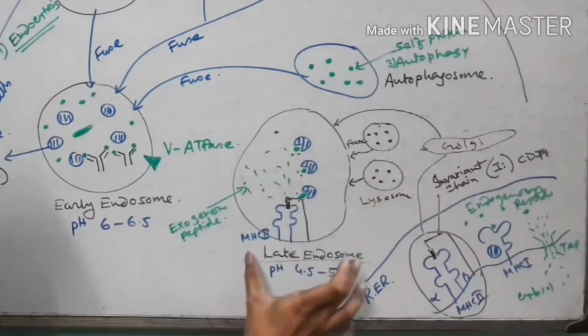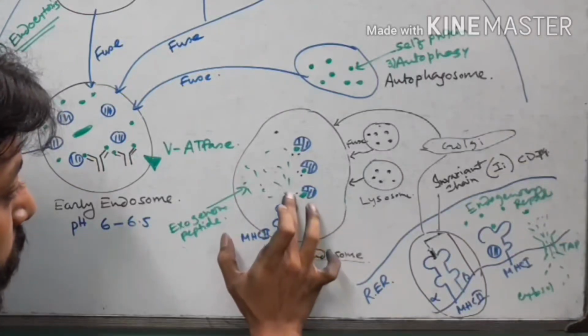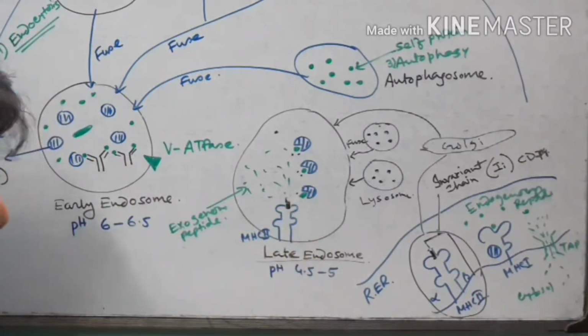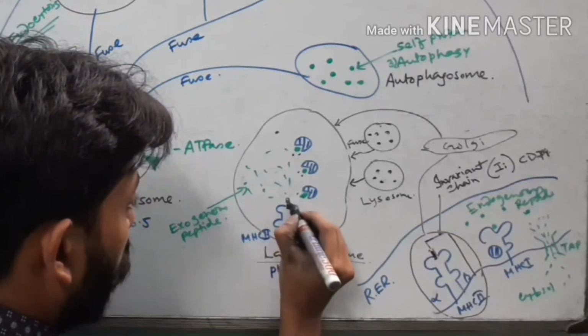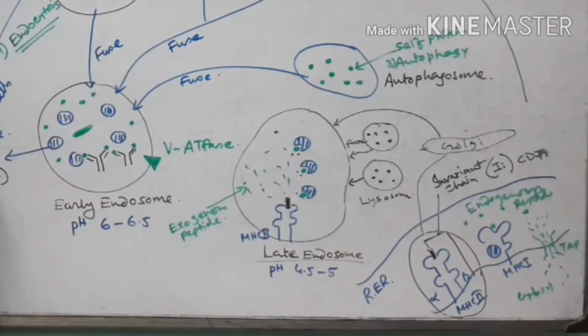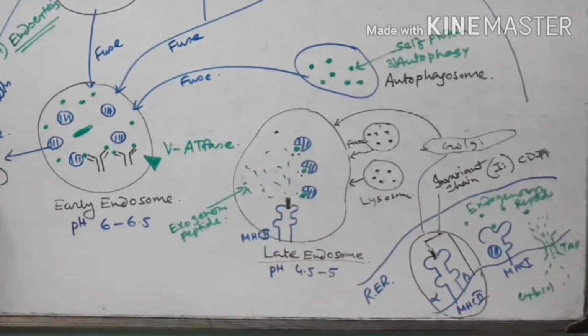Now what happens? In the late endosome, this invariant chain is cleaved. Only this small fragment remains attached with the class II MHC molecule. This fragment is not removed by this enzyme. The enzyme digests the invariant chain, but this portion of the invariant chain always remains attached with this MHC2 molecule.